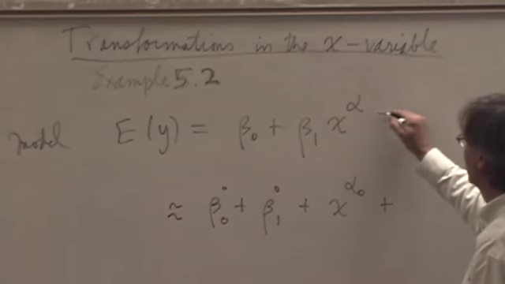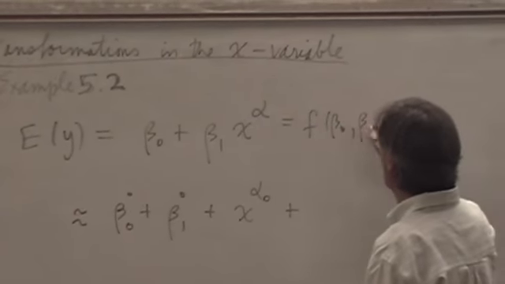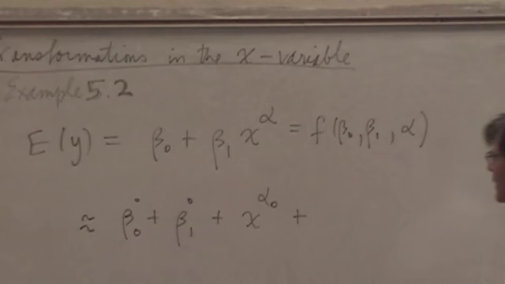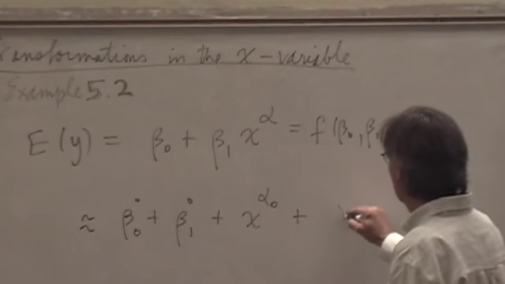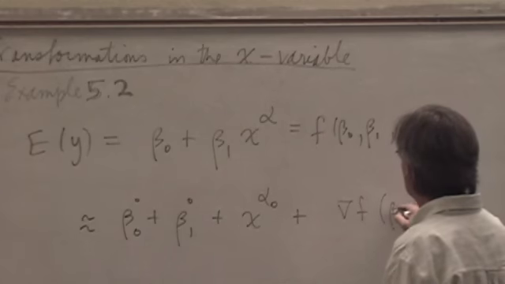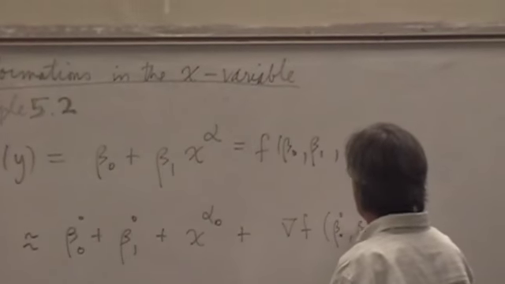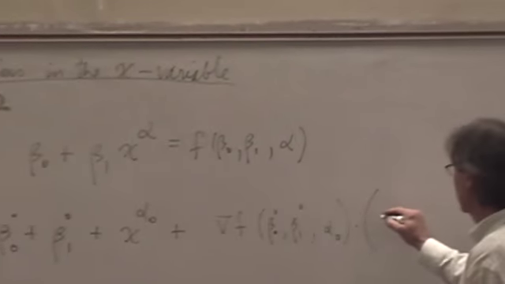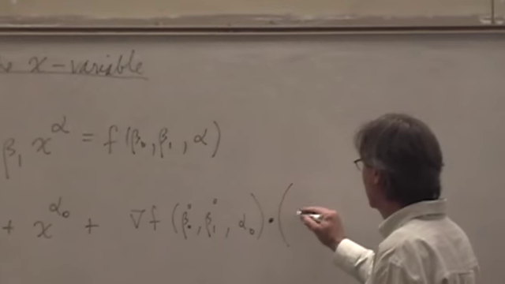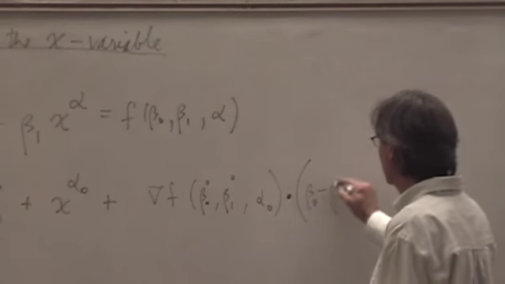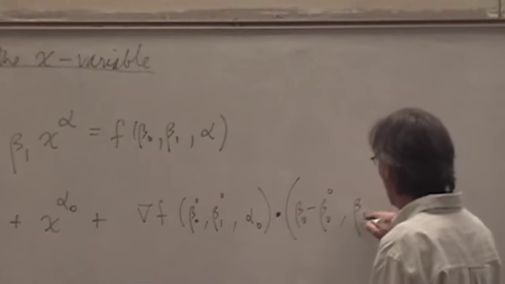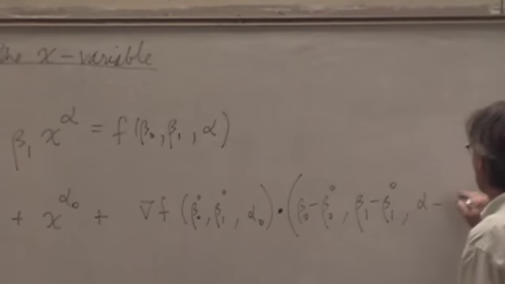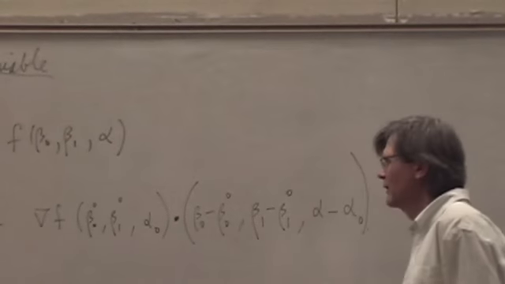If I call this a function f of beta 0, beta 1, and alpha, then this is the function at some initial values, plus the gradient of f at beta 0 super 0, beta 1 super 0, alpha 0, dot the vector beta 0 minus beta 0 super 0, beta 1 minus beta 1 super 0, alpha minus alpha 0, like that. Okay?